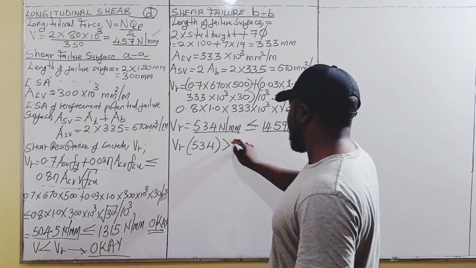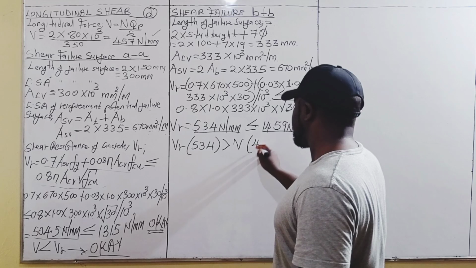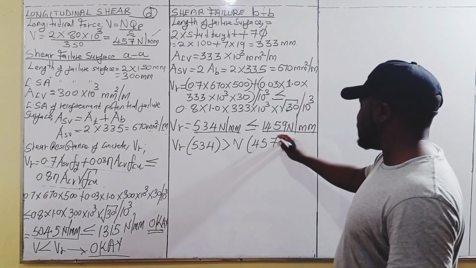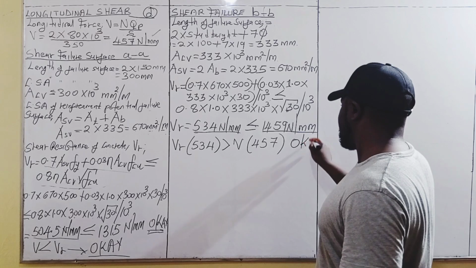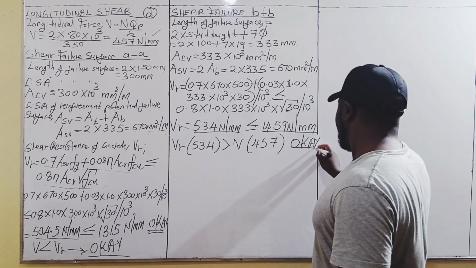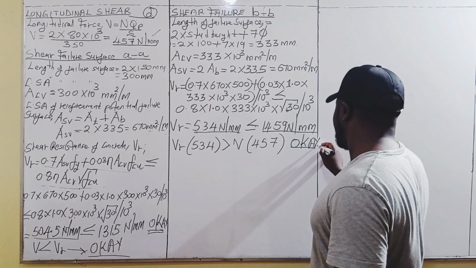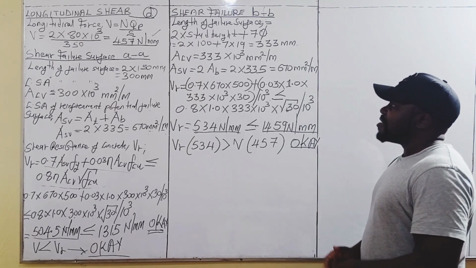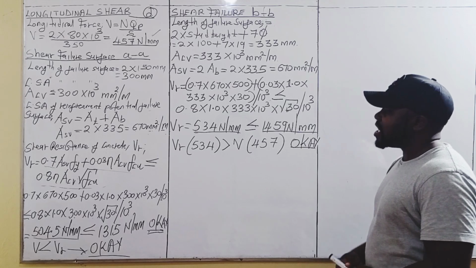So it is greater than V, which is 457 newtons per millimeter, meaning that our section is very much okay. Our section is very much all right. So we are done with longitudinal shear.